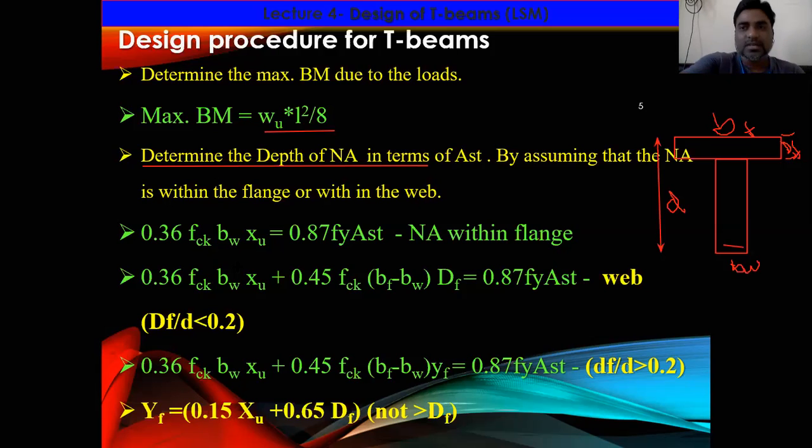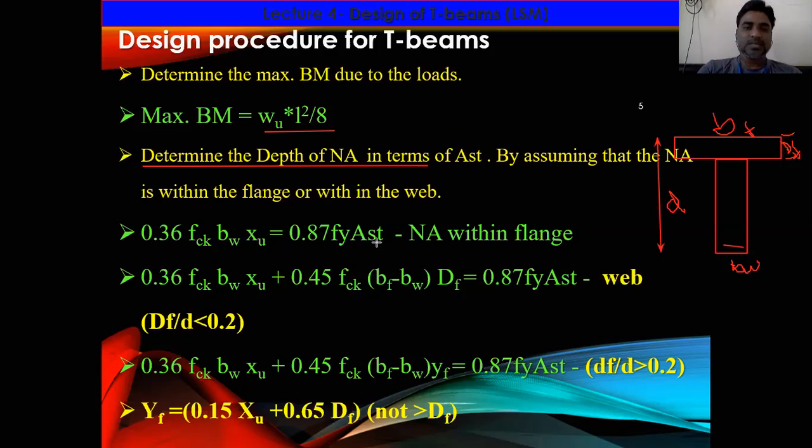First, I will assume whether the depth of neutral axis is within the flange or within the web. And again, if it is within the web, then whether the stress distribution within the thickness of the flange is uniform or not. According to your assumption, you need to use the appropriate formula and determine the depth of neutral axis in terms of Ast, right?